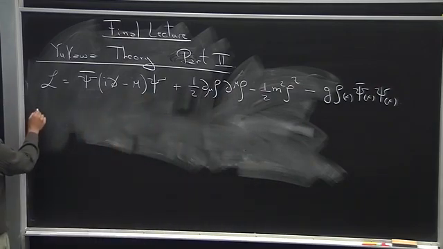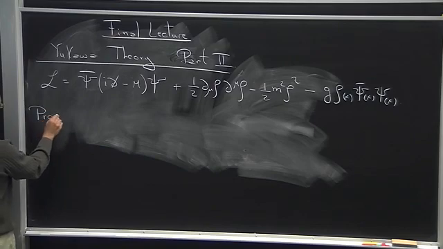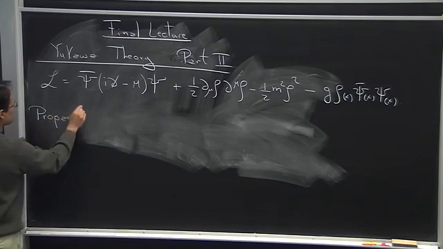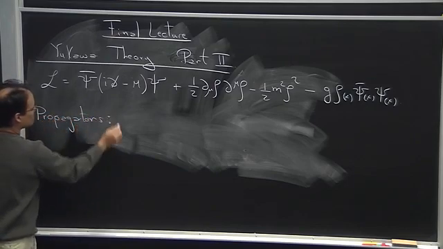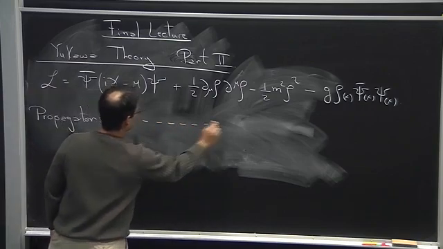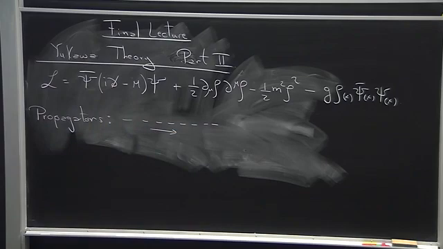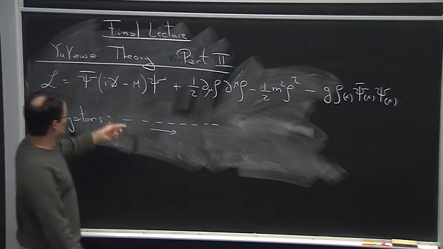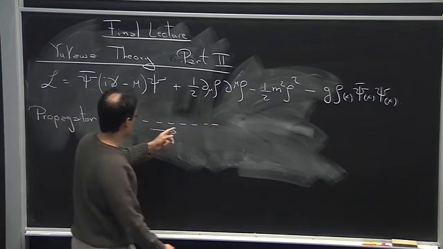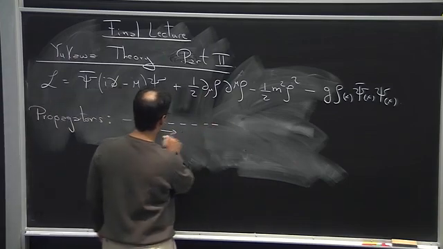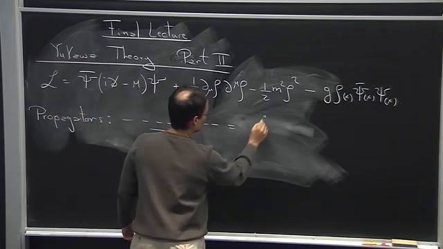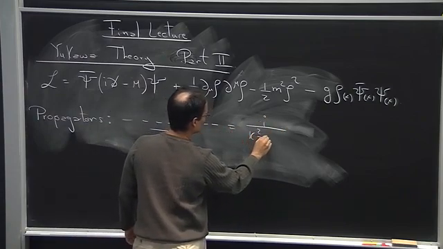Very good. So yesterday, we talked about the propagator. Before, when we had our pseudo-theory of nucleons, where the nucleons were complex scalars, we denoted the real scalar propagator with a dashed line, and it's just a standard Klein-Gordon propagator.